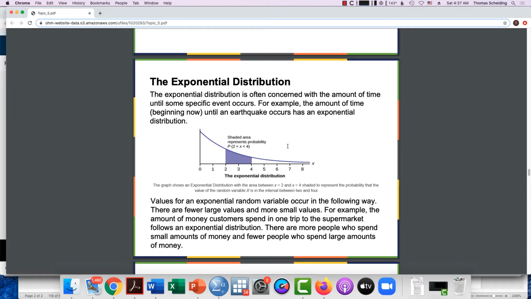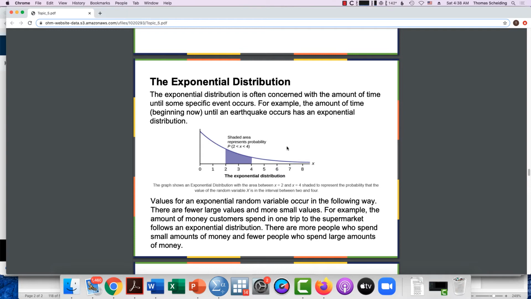In the exponential distribution, as opposed to the Poisson distribution, instead of looking at the number of events in a fixed unit of time, what you're doing is looking at one event happening and then the next event happening, and you're looking at the distribution of time between the events, rather than the Poisson, which is the distribution of events in a fixed unit of time.